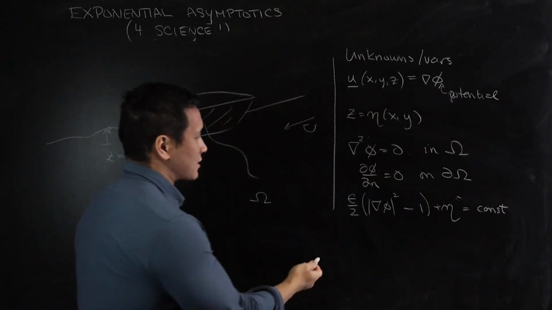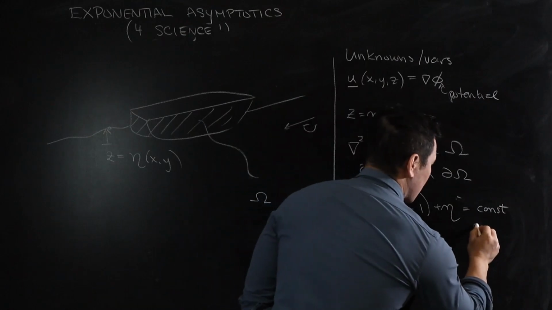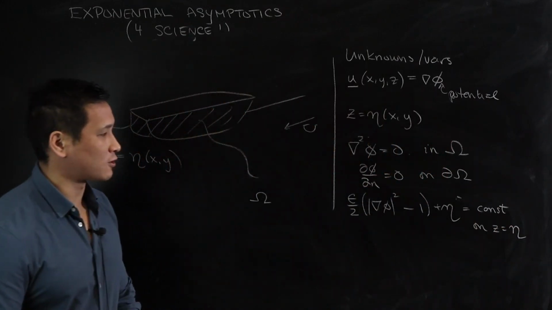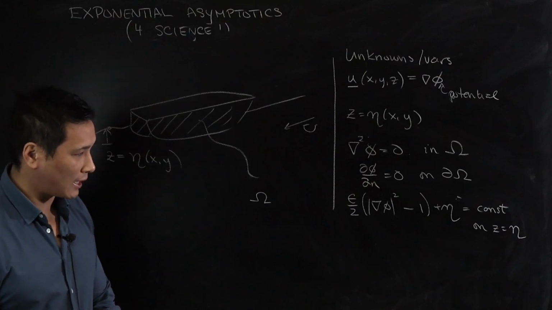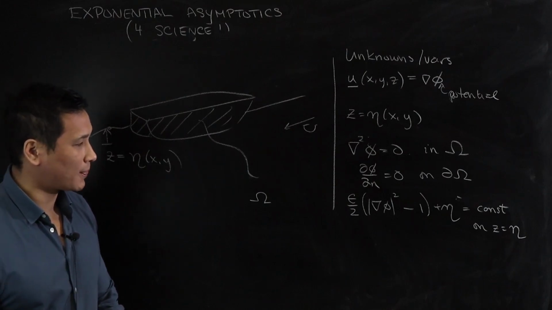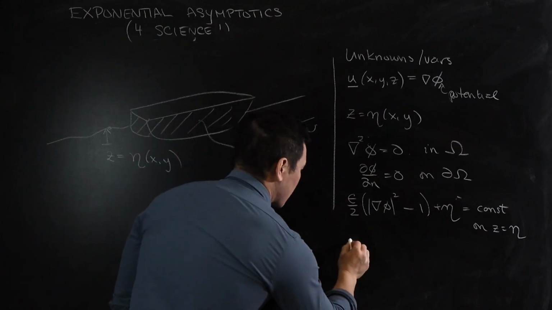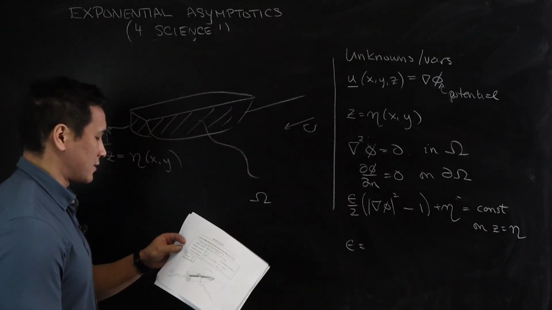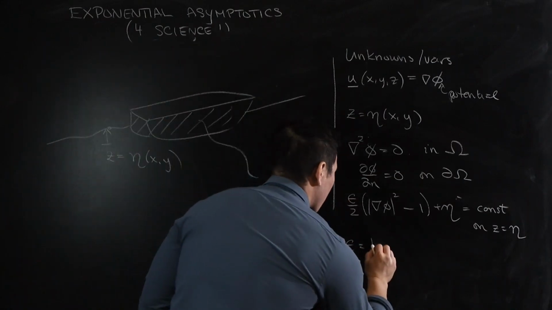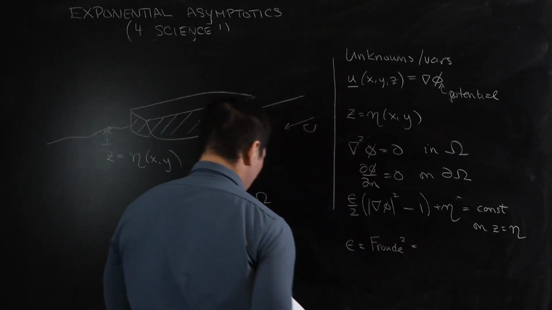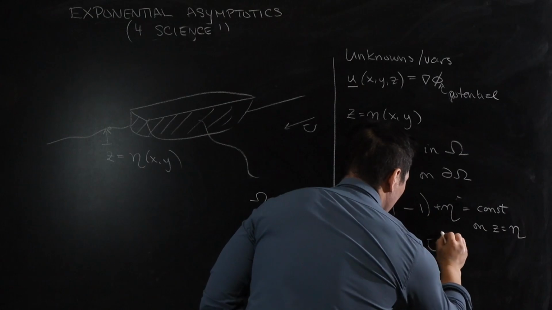This is an equation you would have to satisfy on the free surface, z equal to eta of x and y. It involves a parameter here, and this parameter is the one that's going to be crucial for us. This is what's known as the Froude number, or the square of the Froude number, Froude squared, which is u squared over gl.